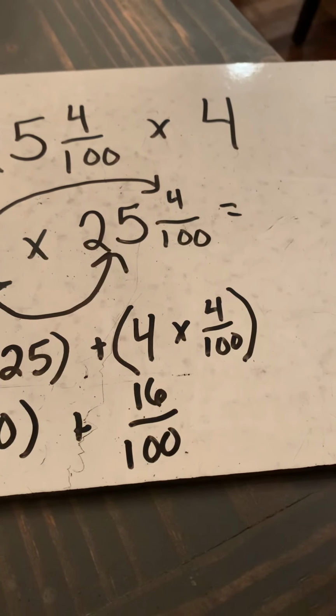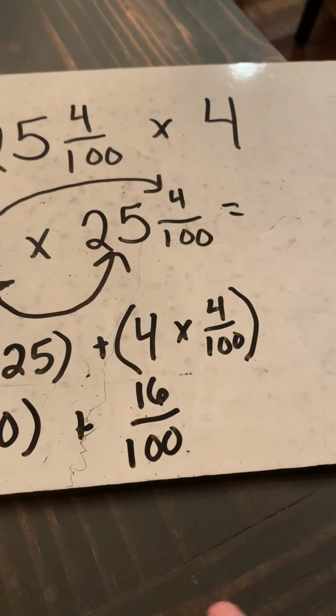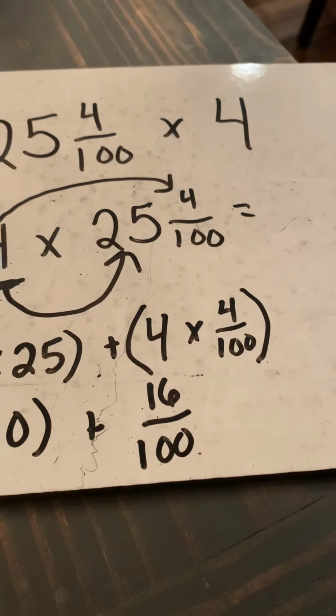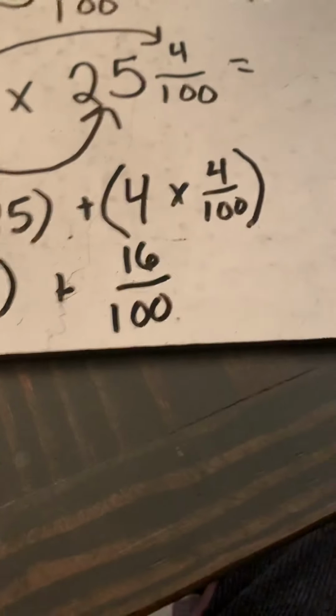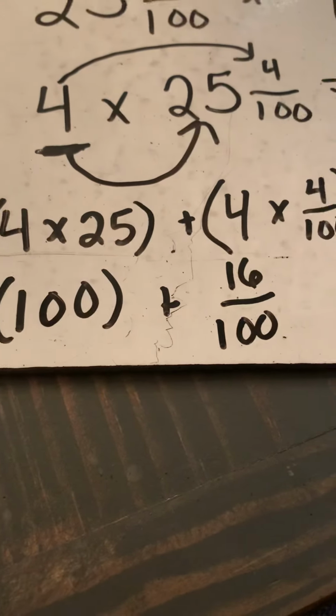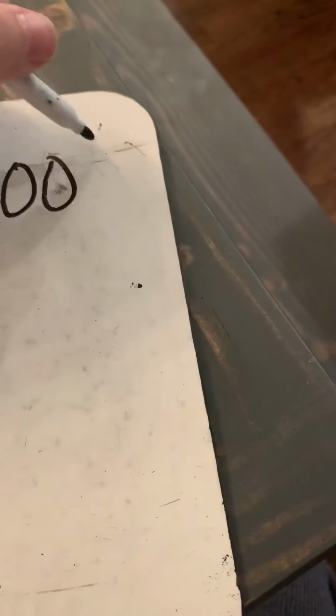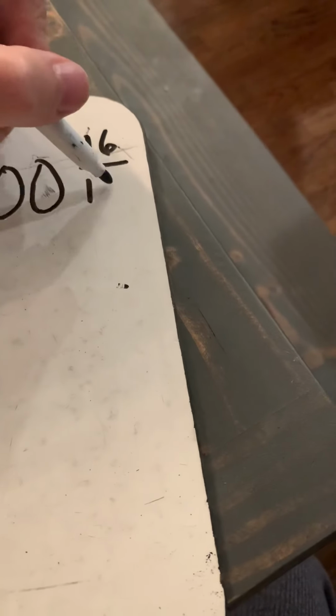Well, 4 plus 4 plus 4 plus 4 is 16, but I still have my whole cut into hundredths. So now I just need to do 100 plus 16/100ths, and all that is just 100 and 16/100ths, because I'm just combining the 2.